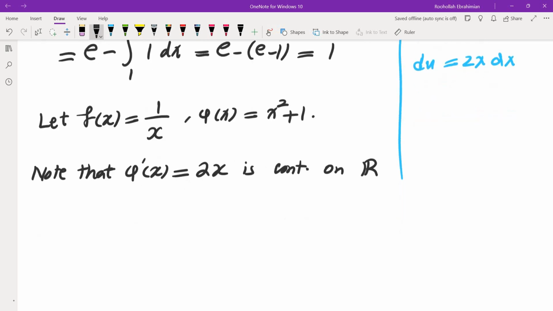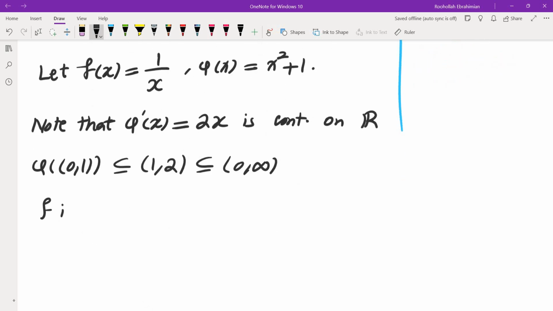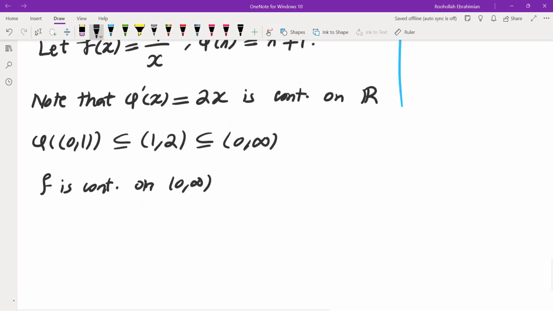So it doesn't actually matter what interval we're looking at. It's continuous everywhere. Now we have to look at phi of [0, 1], which was the interval that they gave us. When you plug in 0, you get 1, and when you plug in 1, you get 2. So phi of [0, 1] is [1, 2], and this is inside the domain of this function, inside (0, infinity). So f is continuous on the interval (0, infinity), so we can use the substitution.